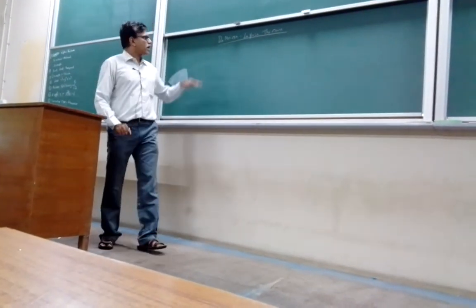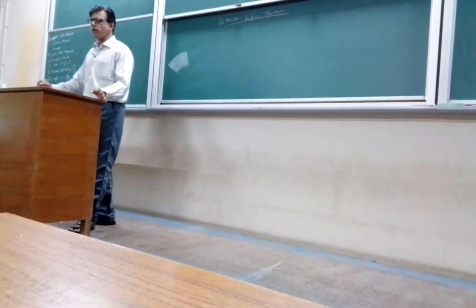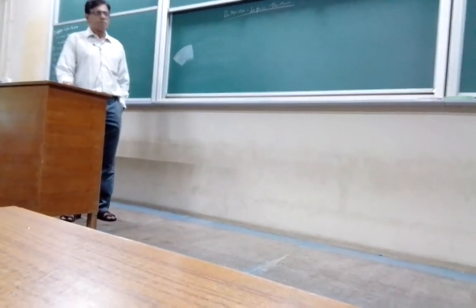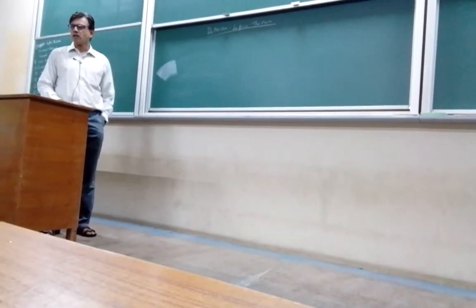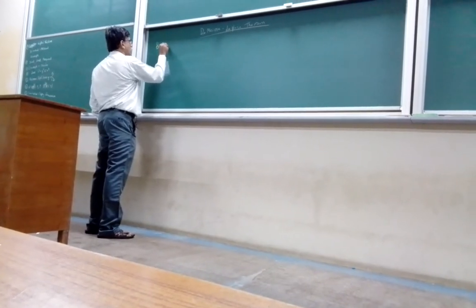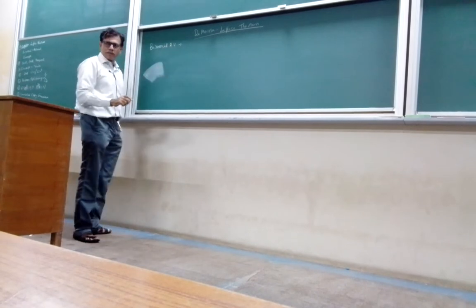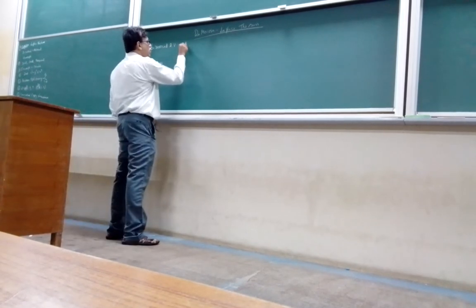So we are going to start with an important theorem called the De Moivre-Laplace theorem, which basically tells us that in an appropriate asymptotic limit, the binomial random variable can be approximated as a normal random variable.